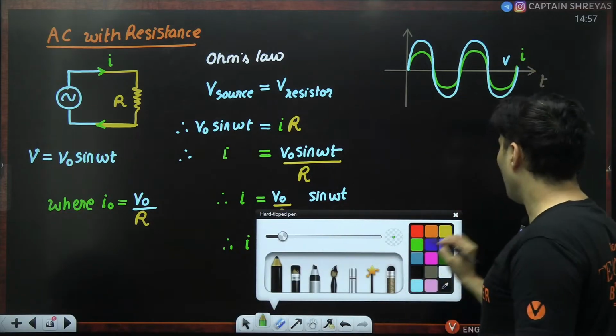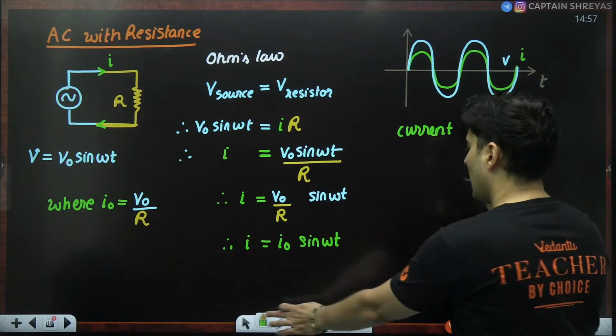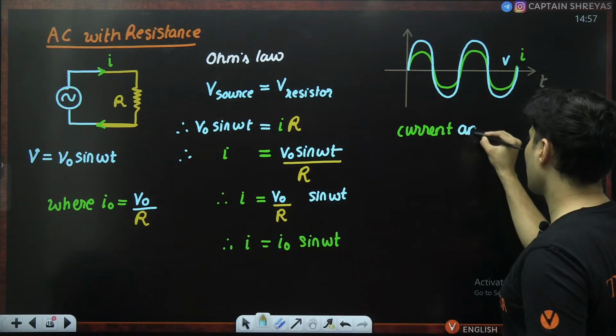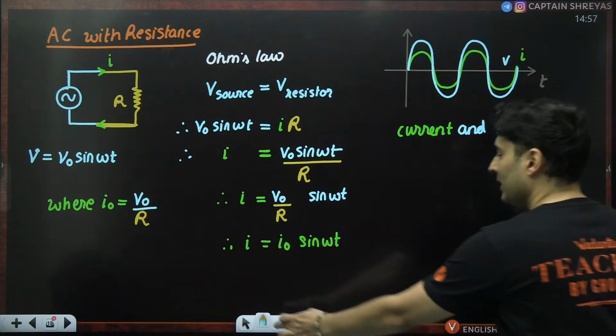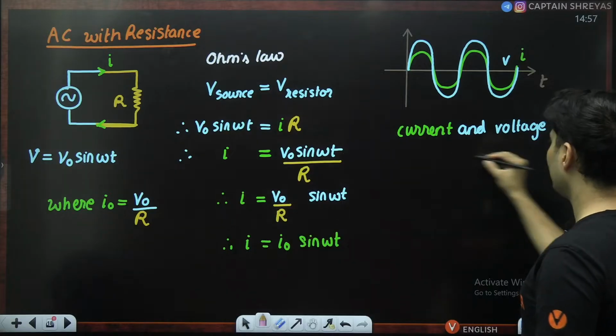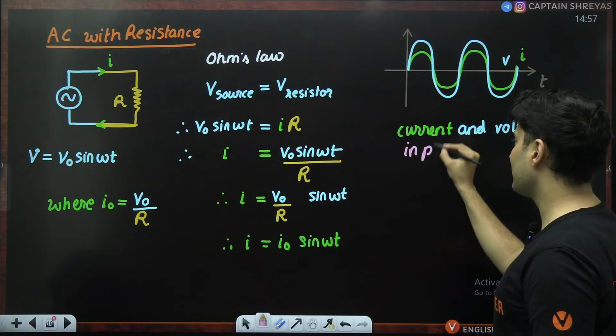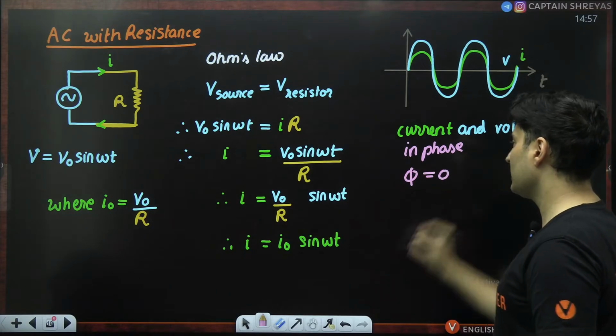Can you see both the current and the voltage? Are they having any phase difference? No, they are in phase. That means phi is 0.